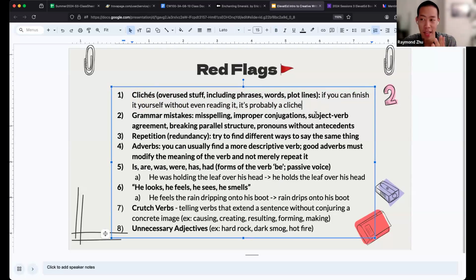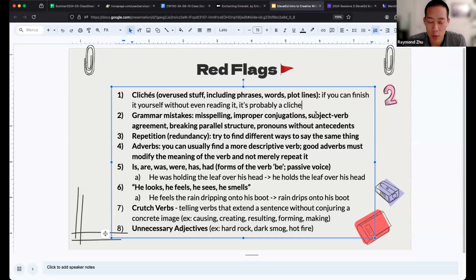Some examples we came up with last class were maybe like happily ever after, the tortoise and the hare, it was a dark and stormy night. Try not to use them because they've been written so many times before that they have completely lost their original meaning.